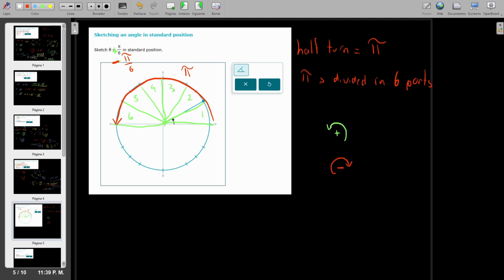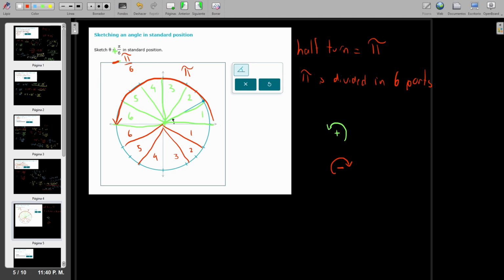So we would not be counting this way. We would be counting, for example, 1, 2 and 3, and 4 and 5 and 6. Remember, if these were negative, we would be counting this way.